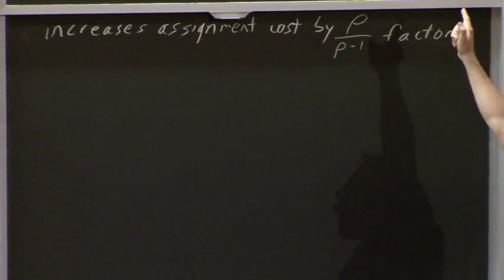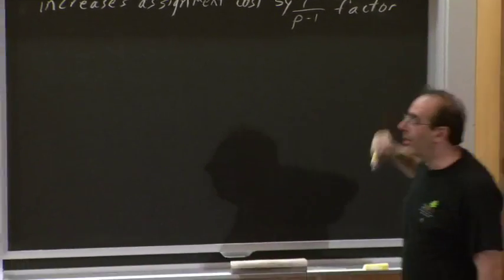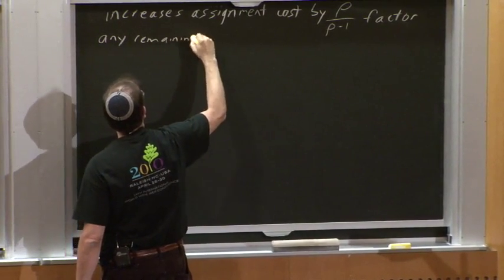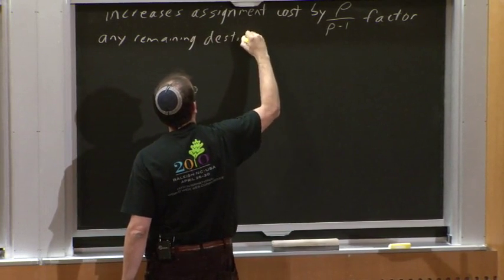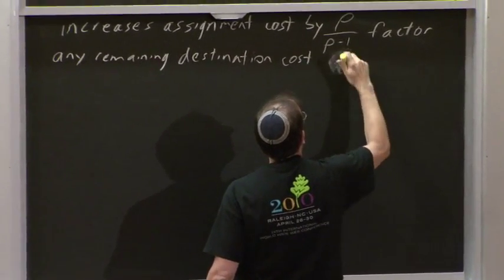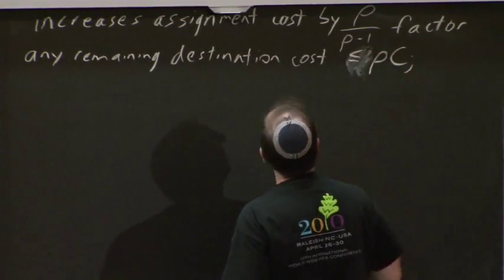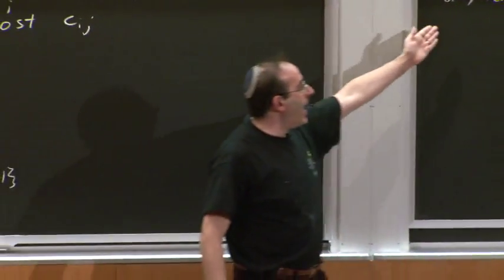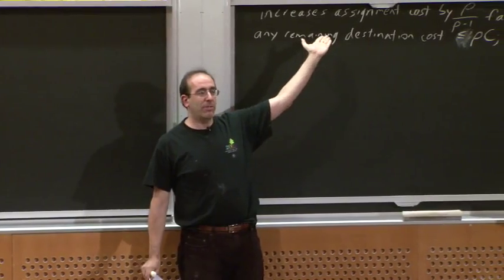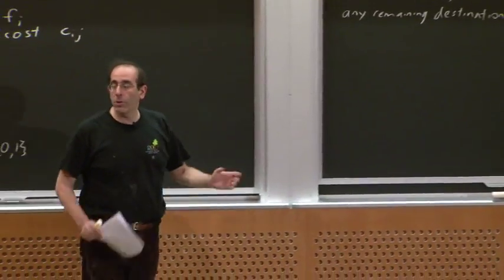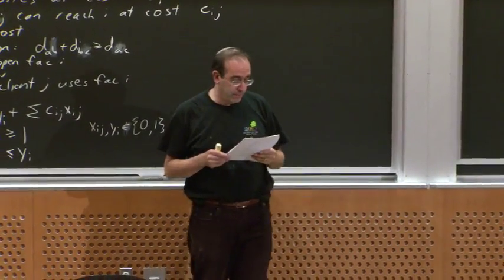of the destinations that cost significantly more than average, right? Any remaining destination costs less than rho times Cj. So if we look at the cost that the fractional solution is asserting, we can pick any one of the destinations that the fractional solution is offering and charge at most rho times Cj, rho times what the fractional solution thinks it's going to cost.